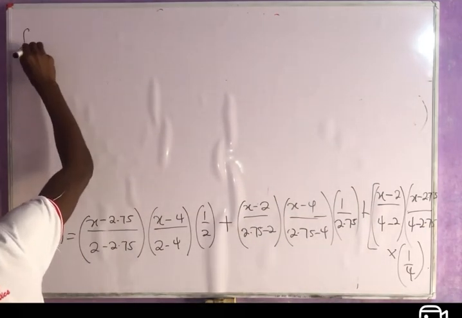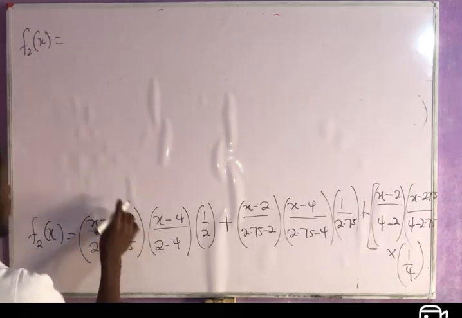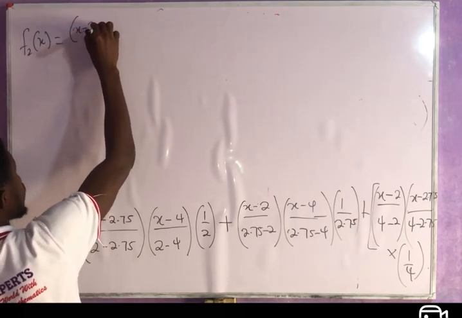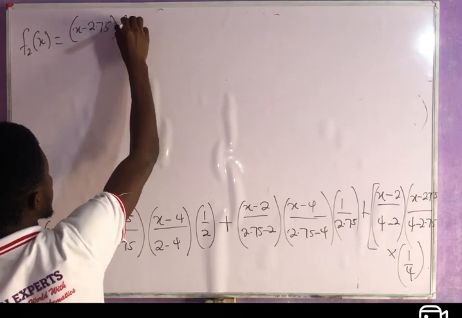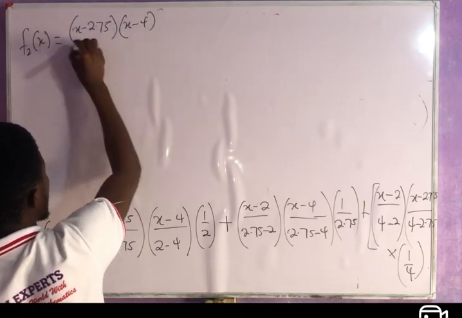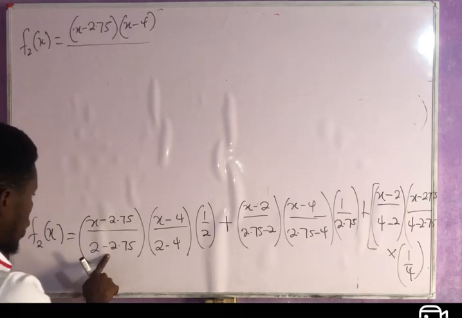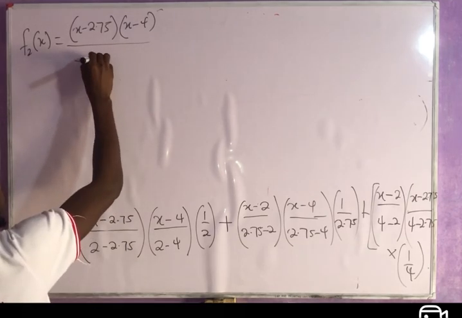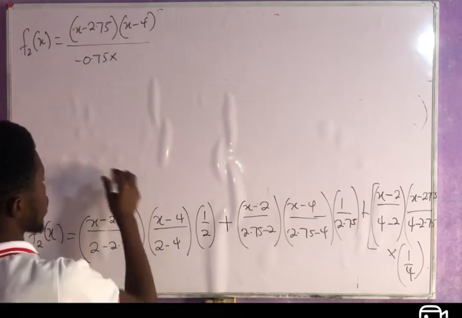So I have f of x equals, now the top one I can write it as x minus 2.75 multiplying x minus 4 over 2 minus 2.75, which will give us negative 0.75, times 2 minus 4, which is minus 2.